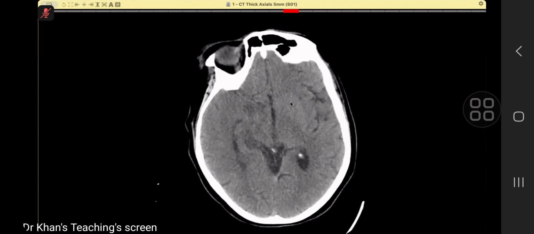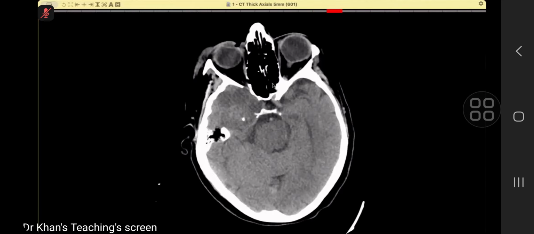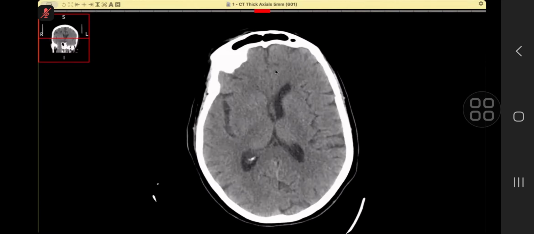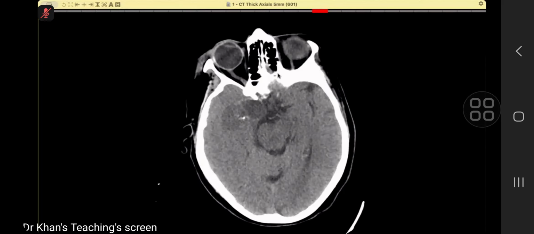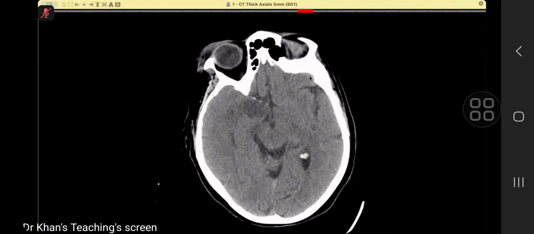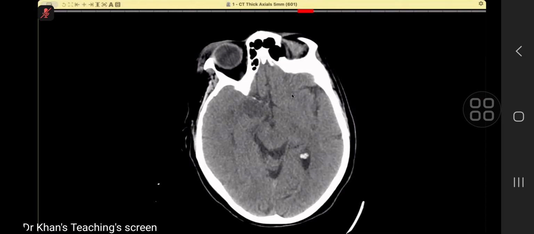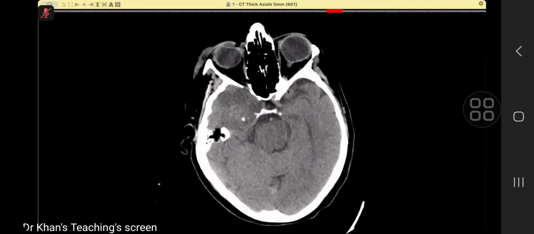Okay, yeah, right over here. So yeah, right over here, I can appreciate that there is an isodense extra-axial lesion on the left side, in the vicinity of the temporal fossa.